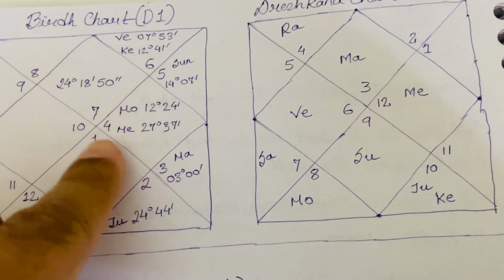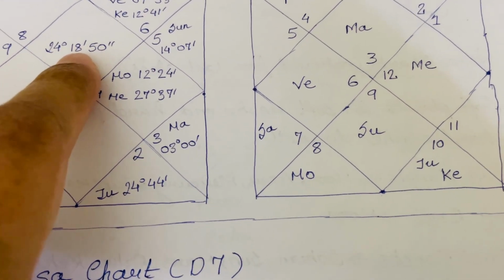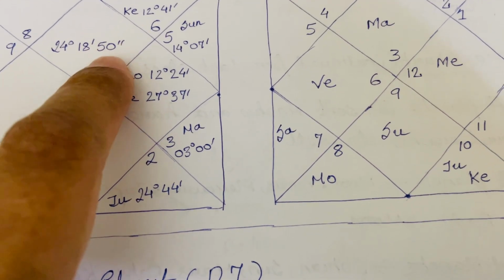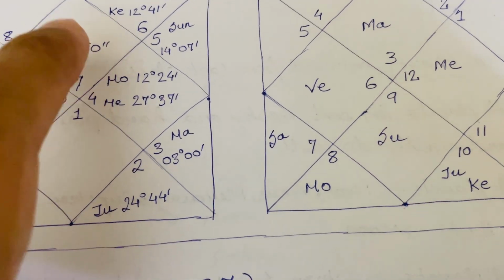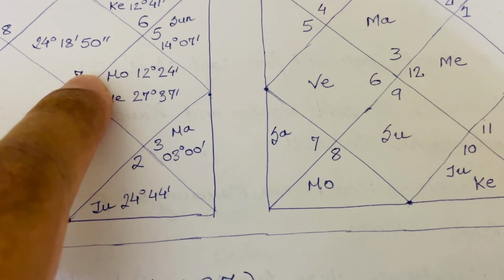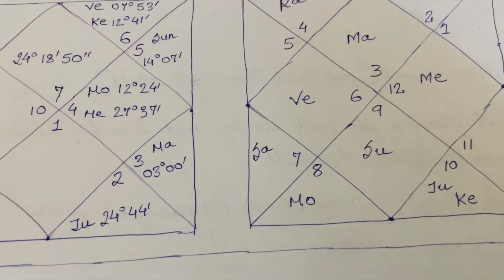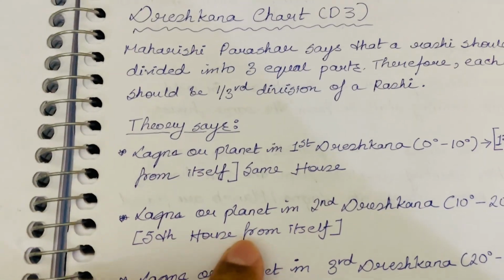Now the Lagna, see, the Lagna is 24 degrees 18 minutes and 50 seconds. So 24 degrees 18 minutes 50 seconds, or 24 degrees 19 minutes, it means it is falling in which Dreshkana? Third Dreshkana, which is 20 degrees to 30 degrees. The third Dreshkana, what's the theory? It is ninth house from itself. So how to calculate this?